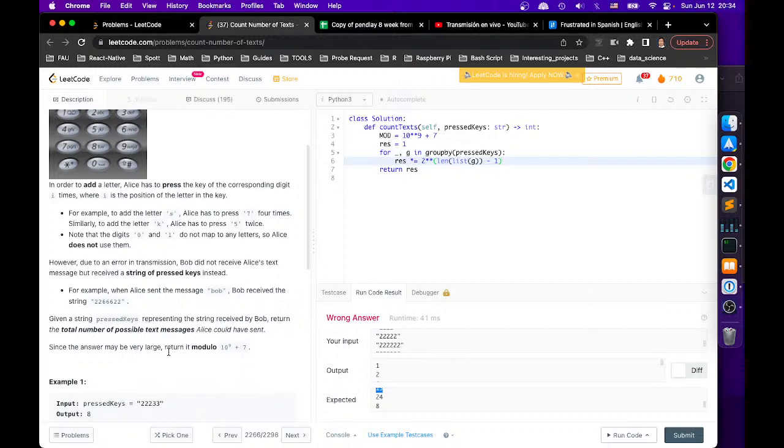Maybe we can compute. So we're always thinking about 7.